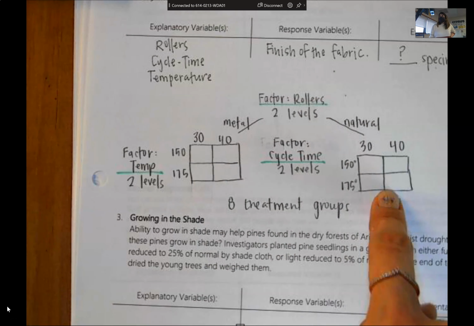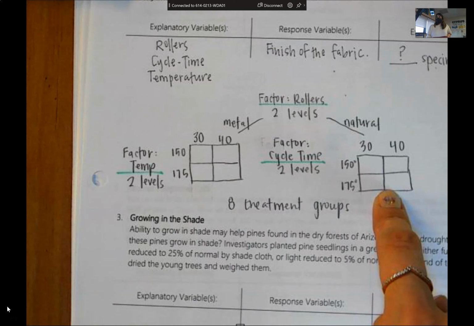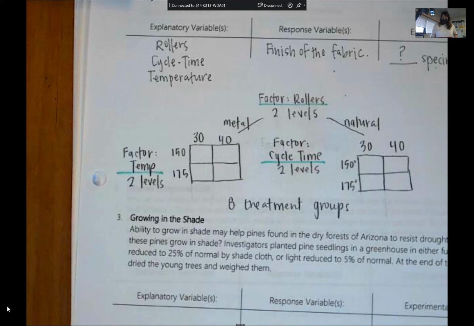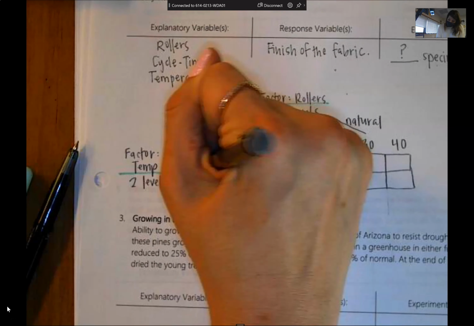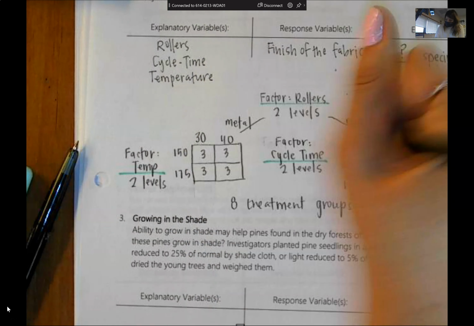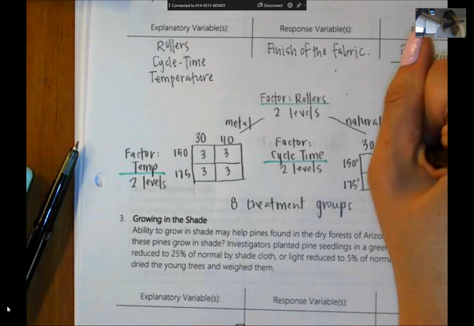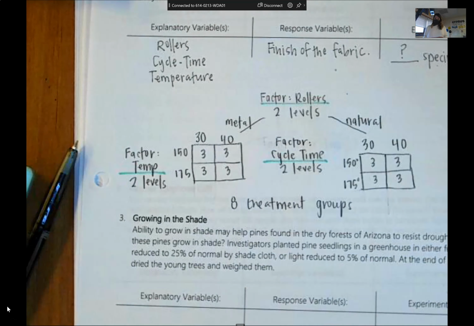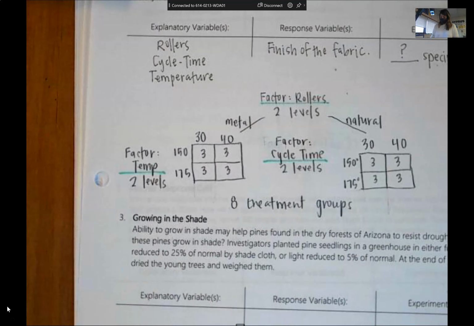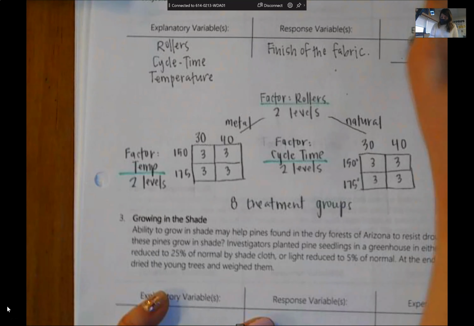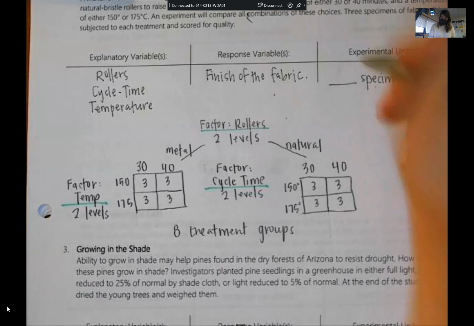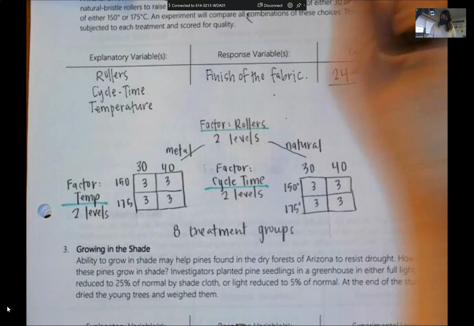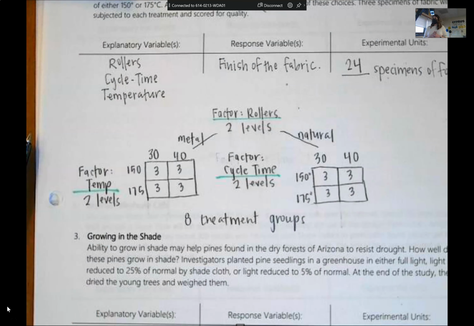This box is all for natural rollers. We know that within each treatment group is 3 specimens of fabric. So now I know up here where it says experimental units, working backward, that now is 24 specimens of fabric.